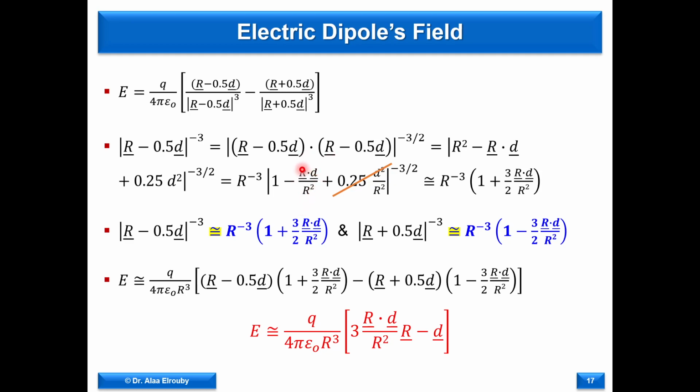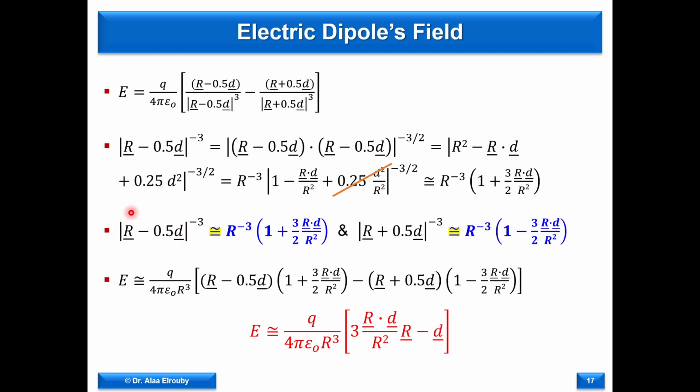R dot d equals r d cosine of the angle between them, divided by r squared. R will cancel with r, so it would be d cosine angle divided by r. Anyway, just taking the first term of the Taylor expansion will give us this expression here.